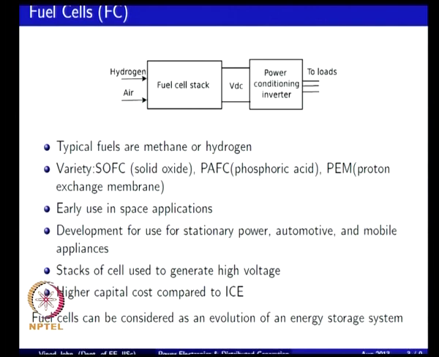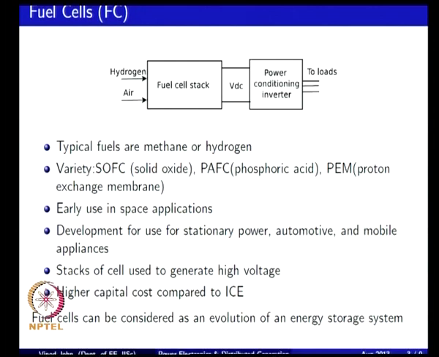If you look at fuel cells, the fuel input for the cell stack is typically hydrogen, and at times it could be other gases such as methane. There are a variety of fuel cells depending on the material technology that goes in. You have solid oxide fuel cells that operate at high temperature, you have phosphoric acid based fuel cells, then proton exchange membrane which operates at a comparatively lower temperature.